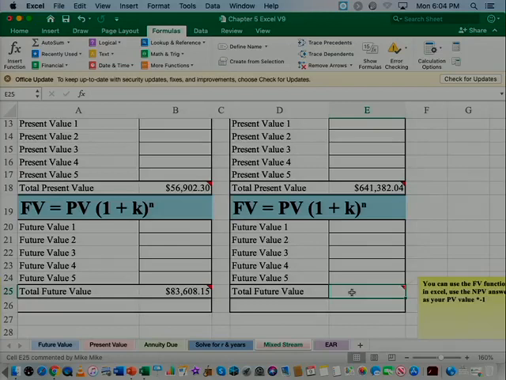Sometimes they're more straight up about it. Sometimes they're beating around the bush, trying to get you to understand, is this a present value problem or a future value problem? Is this an annuity? Usually they'll say cash flow. If they say cash flow, you know it's an annuity. They might not say annuity in the problem, but if they say a series of cash flows, that's an annuity problem. That's the only trick of the game here.